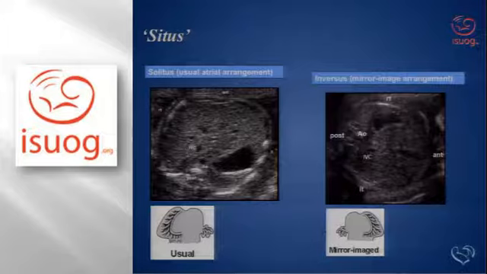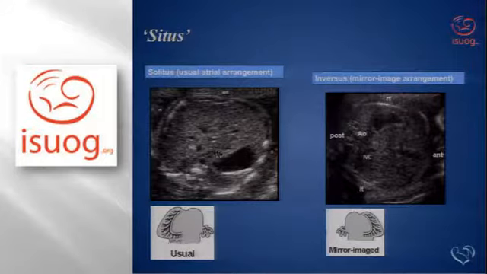And of course, there is the mirror image arrangement of that, which is situs inversus. And situs inversus mirror image is basically just the opposite. And it's very important to realize here that if you don't label right and left, this image here will be the same on the screen, be it situs solitus, normal, or inversus.